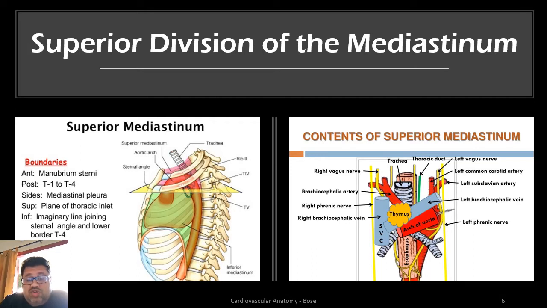There is the trachea and the thoracic duct at the top, and then you have the right vagus nerve and the left vagus nerve.